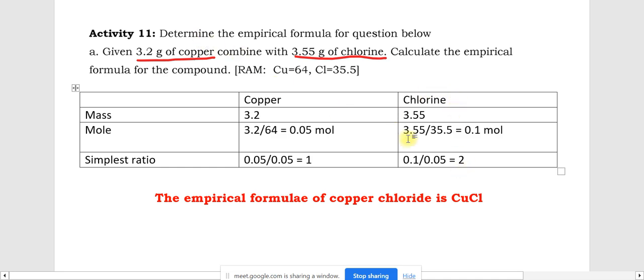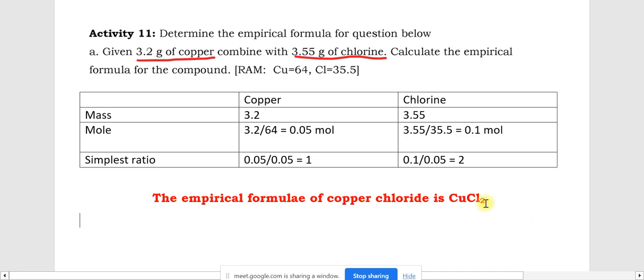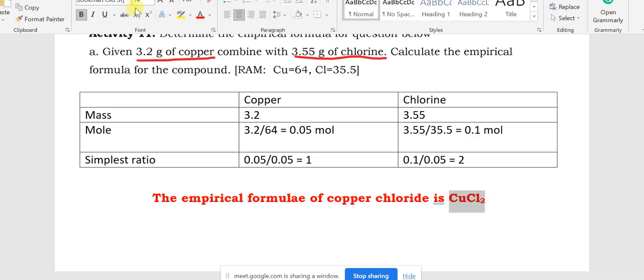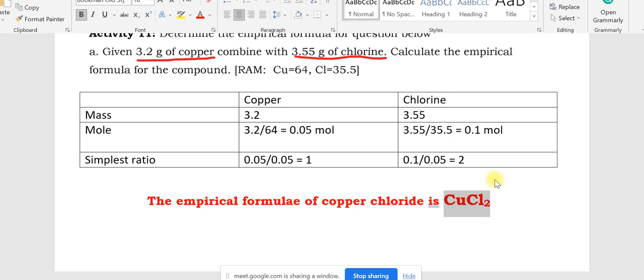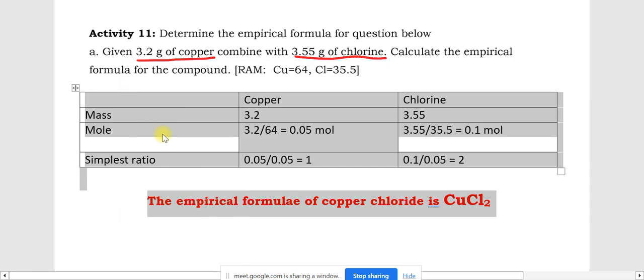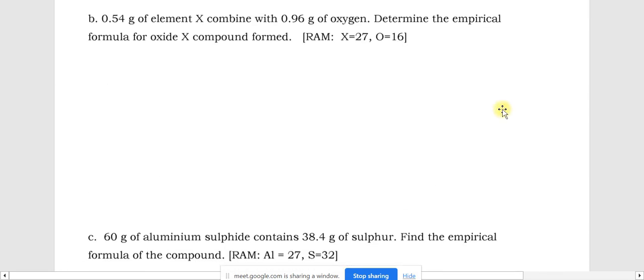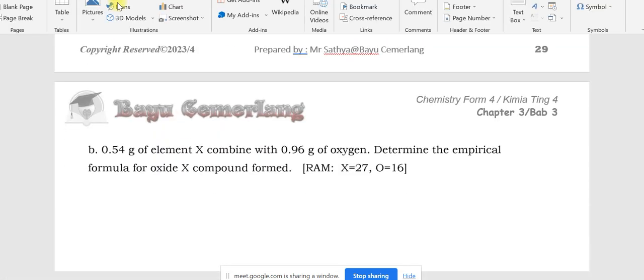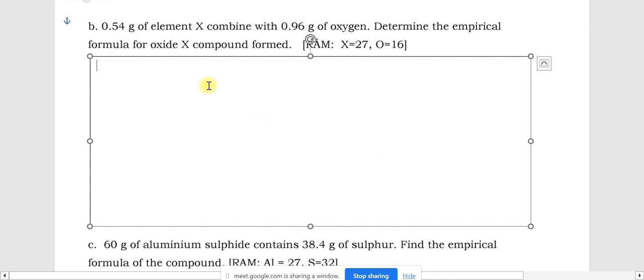Chlorine is 2, so put subscript 2. So this is the answer. Okay, next one. Easy, right? Ready?